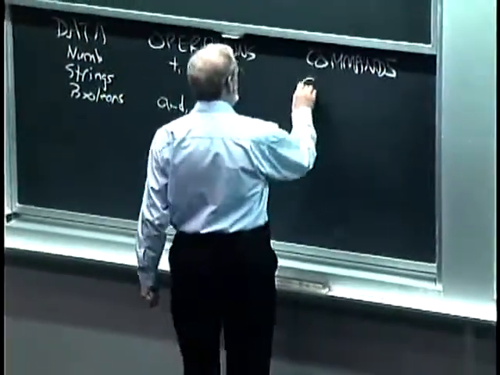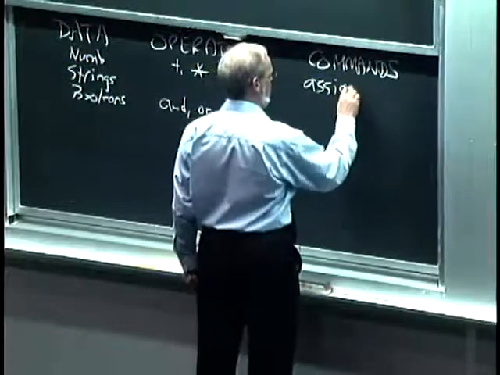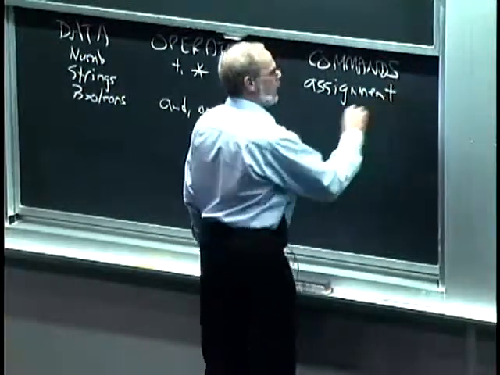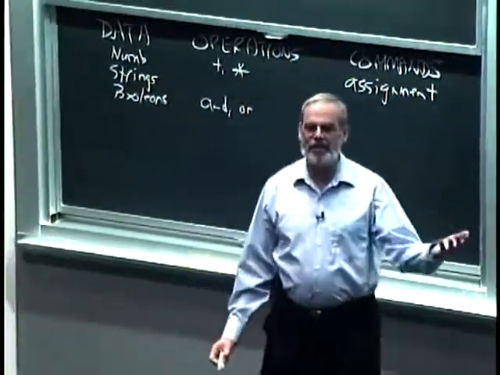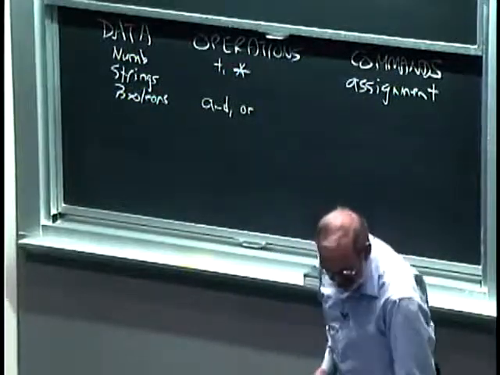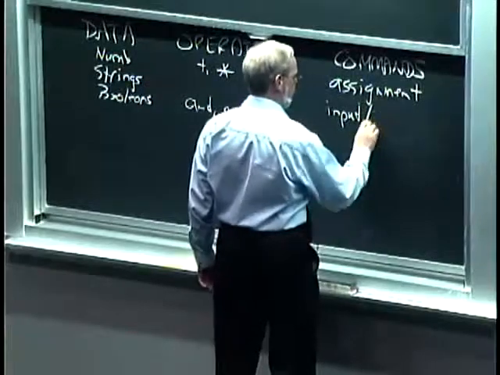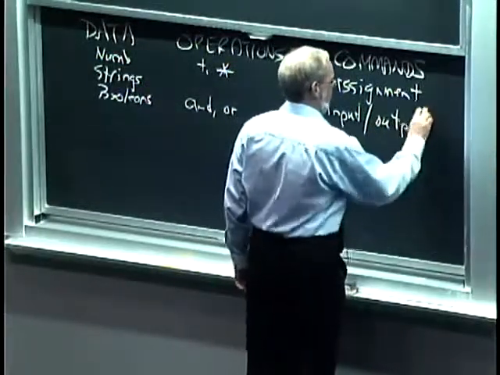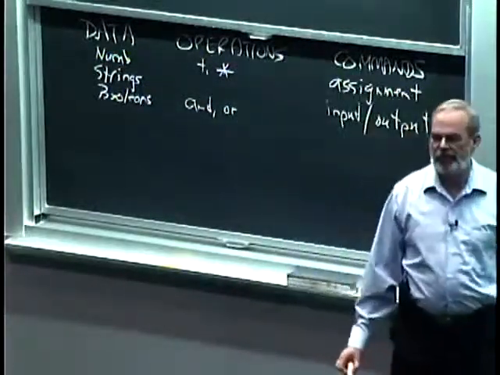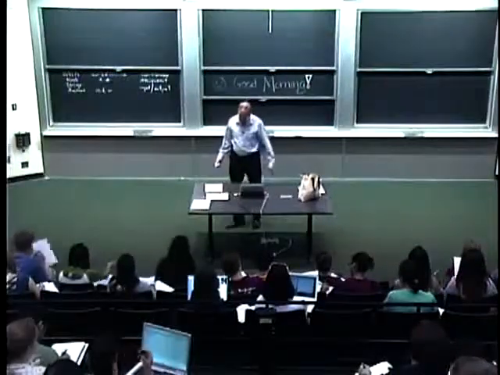And I'm going to suggest we've seen now 4 different things. We've seen assignment, how to bind a name to a value. We've seen input and output. Print for output, for example, and raw input for input.